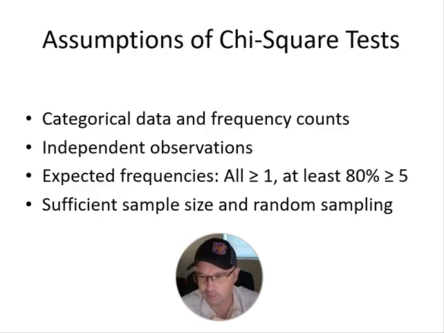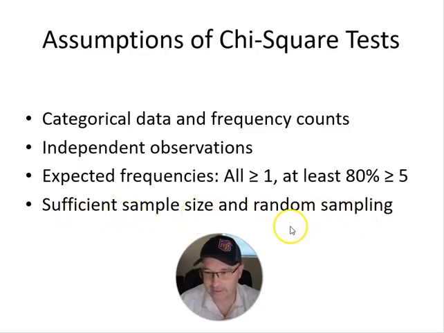So just remember that you want at least 80% of your counts to be greater than or equal to 5. And then, of course, you need to have a sufficient sample size, and hopefully it's random as well.